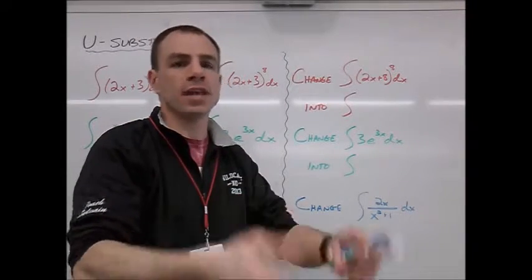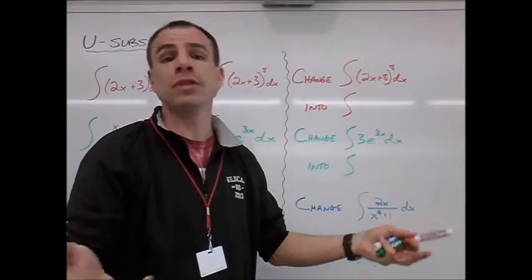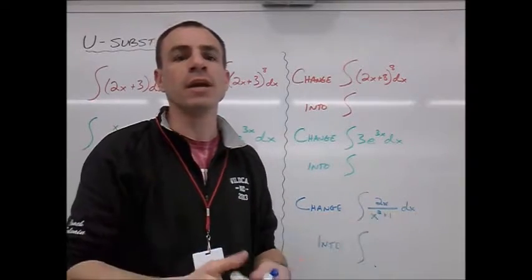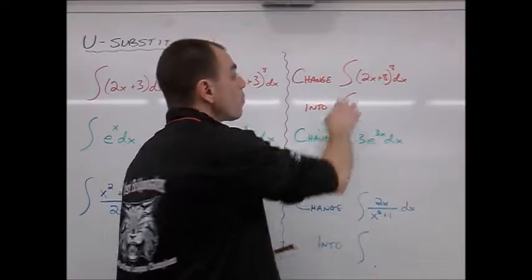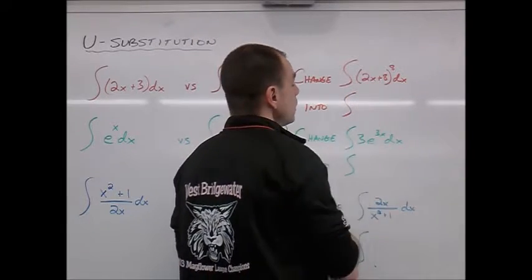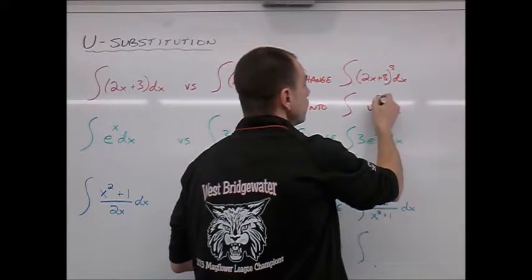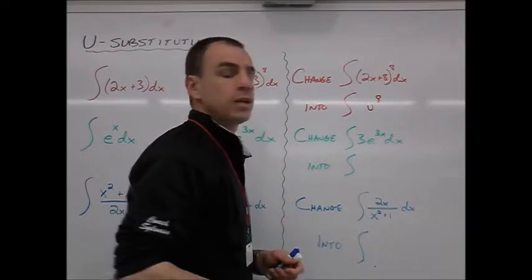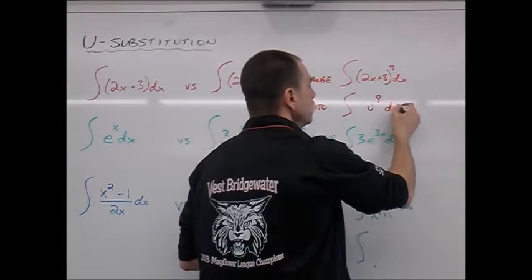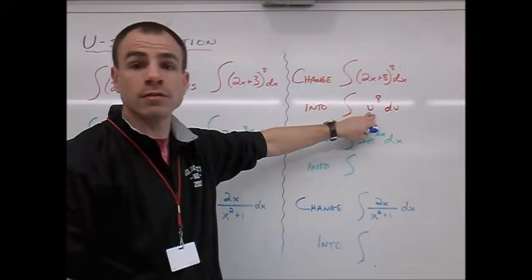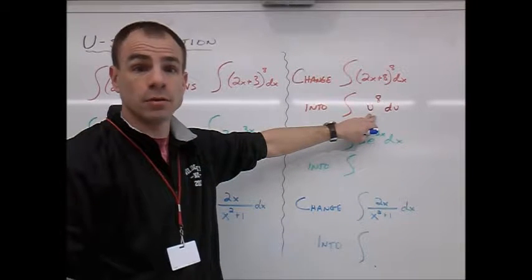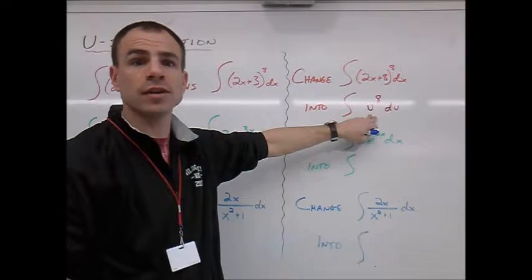In other words, x to the 8th power, or u to the 8th power, or q to the 8th power. It doesn't really matter what the variable is. We're going to use u. Ultimately, we're looking to change this into u to the 8th du, because this is something that we can take the antiderivative of: u to the 9th over 9 plus c.